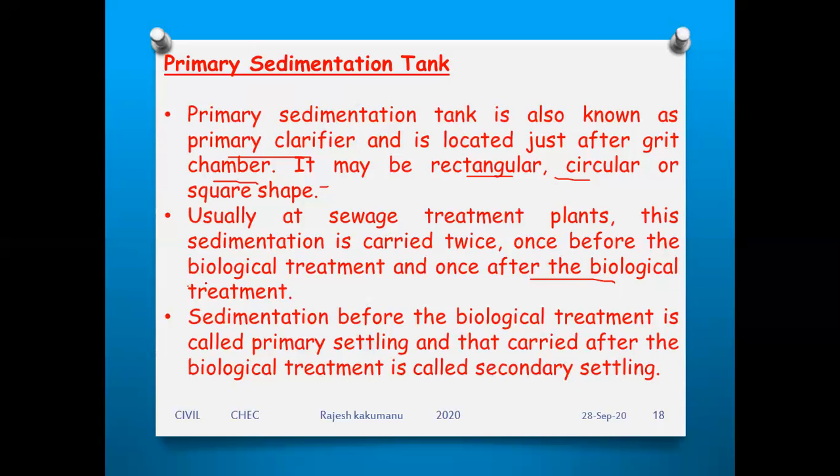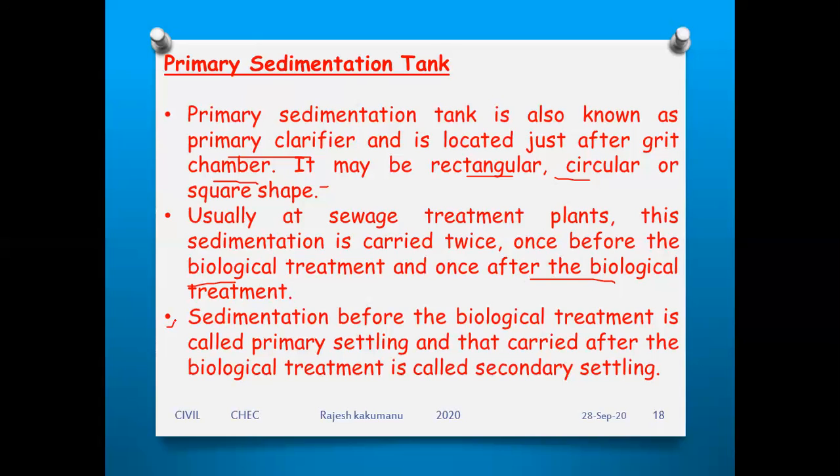So the sedimentation process is carried out two times in an operation. First time is before BOD, second time is after BOD. So first time is before biological treatment, second time is after biological treatment.